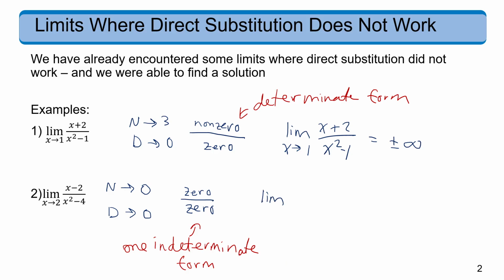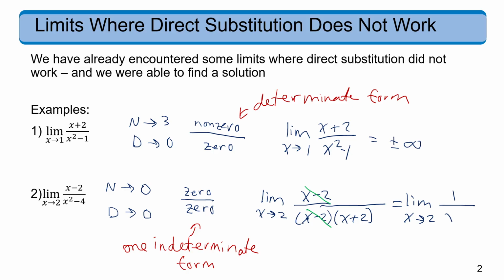So notice here the numerator factors to x minus 2 times x plus 2. And now notice there's a common factor of x minus 2 that can be canceled. So when we rewrite the limit after canceling those, we're now just looking at 1 over x plus 2.